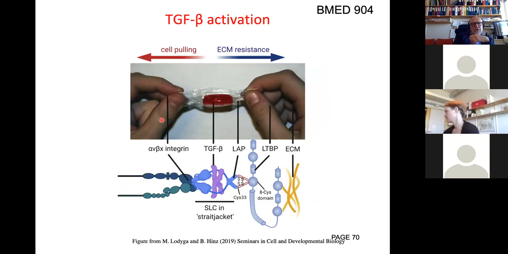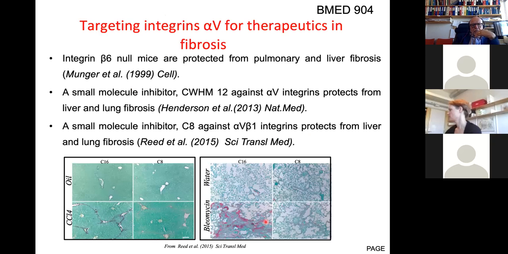So the relationship between TGF beta and stiffness is that stiffness is the counter force to the straitjacket that TGF beta is in when it is produced. So this is another example of how important alpha V integrins are for TGF beta activation.